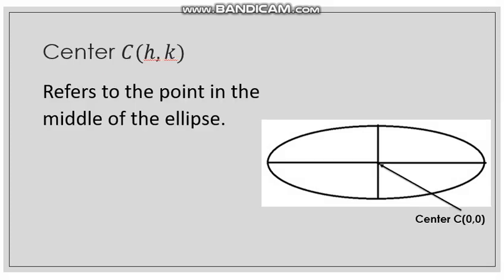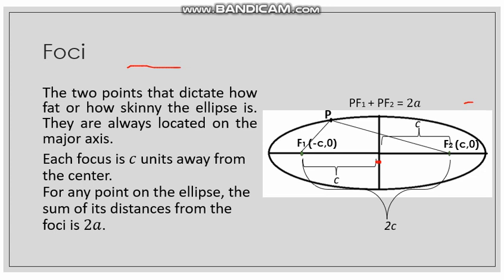The center refers to the point in the middle of the ellipse. So just like a circle, our ellipse has its center, and it is represented by H and K. Okay, the foci, or the two points that dictate how fat or how skinny the ellipse is, are always located on the major axis.